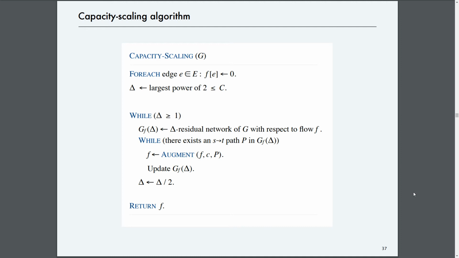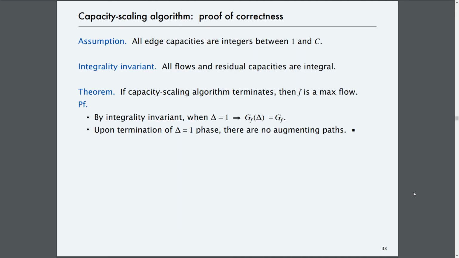Okay, so how is this better? All our edge capacities are going to be between 1 and C, and all our flows and residual capacities are going to be integers. So if the capacity scaling algorithm terminates, then f is a max flow.